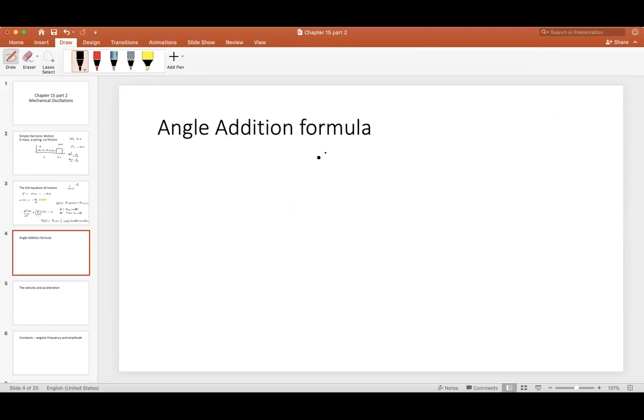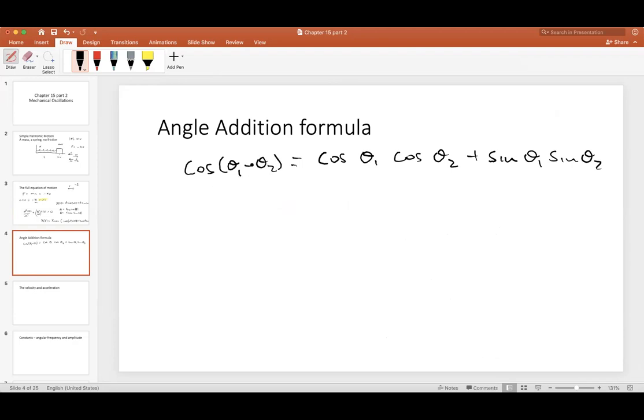When I have cosine of theta 1 times cosine of theta 2 plus sine of theta 1 times sine of theta 2, you can prove in trigonometry or algebra that this is equal to cosine of theta 1 minus theta 2.